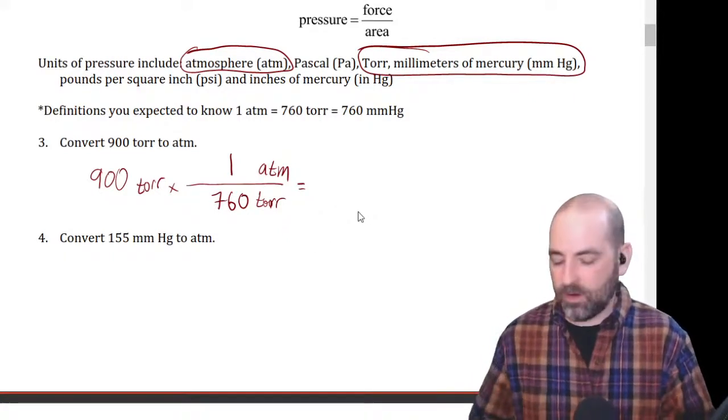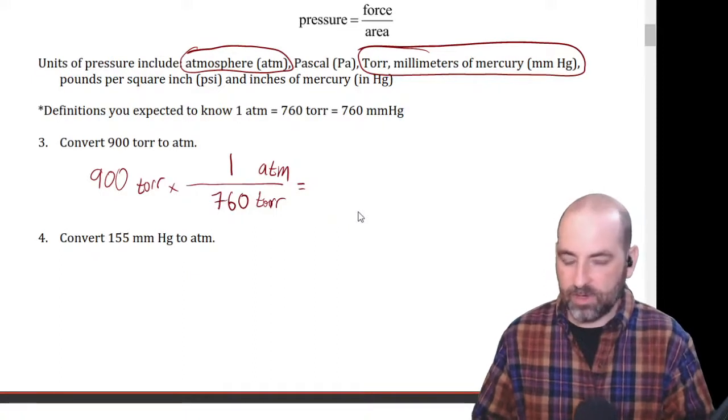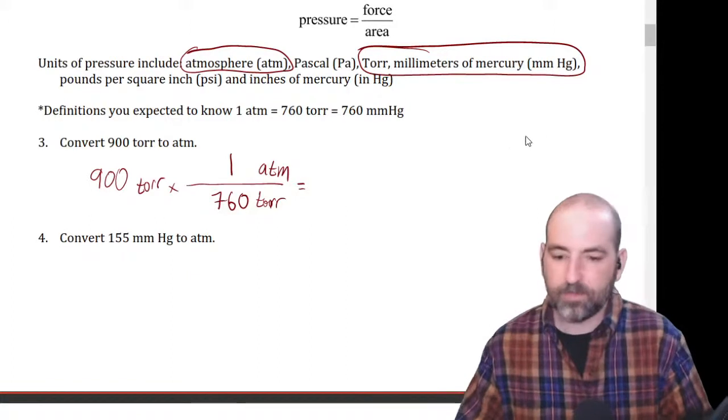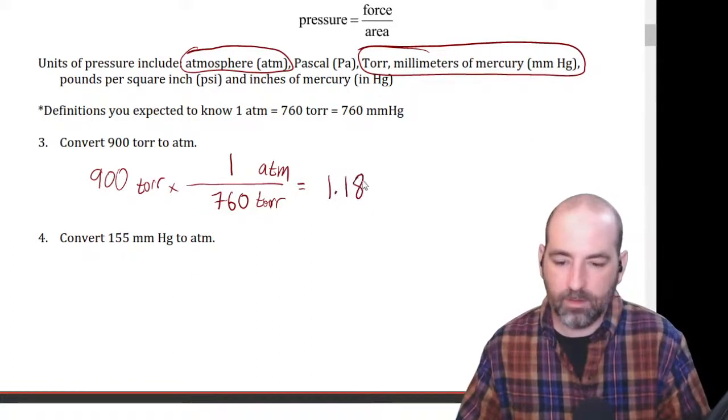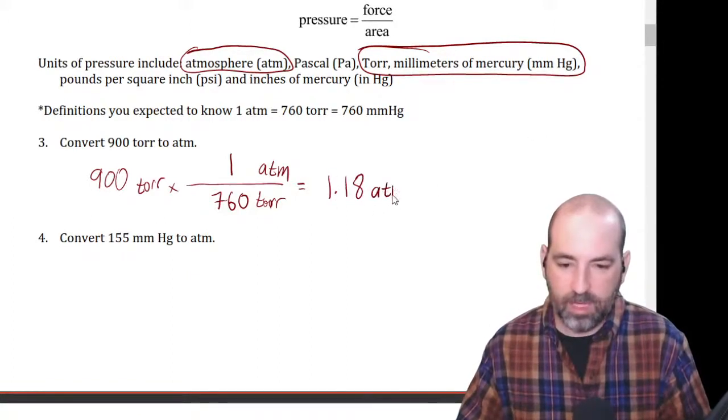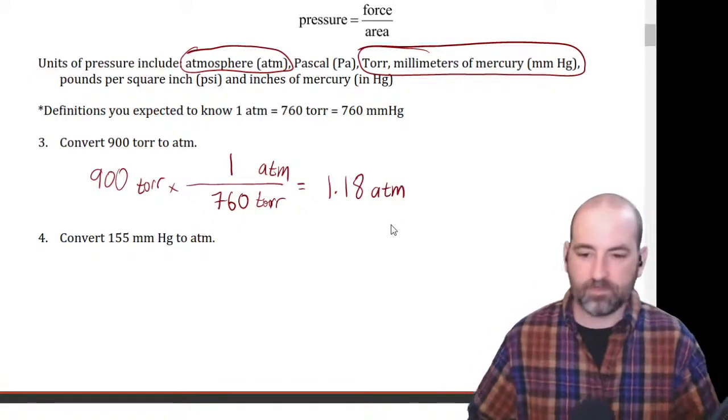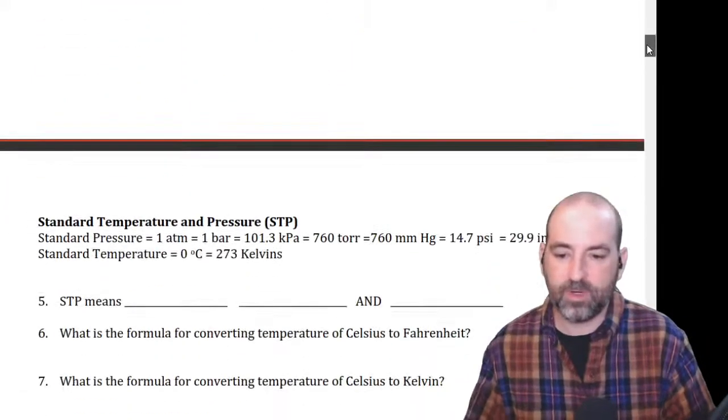And so then our final pressure in atmospheres is going to be 900 divided by 760, which is about 1.18 atmospheres. All right, so that's how that works. You need to do those conversions.